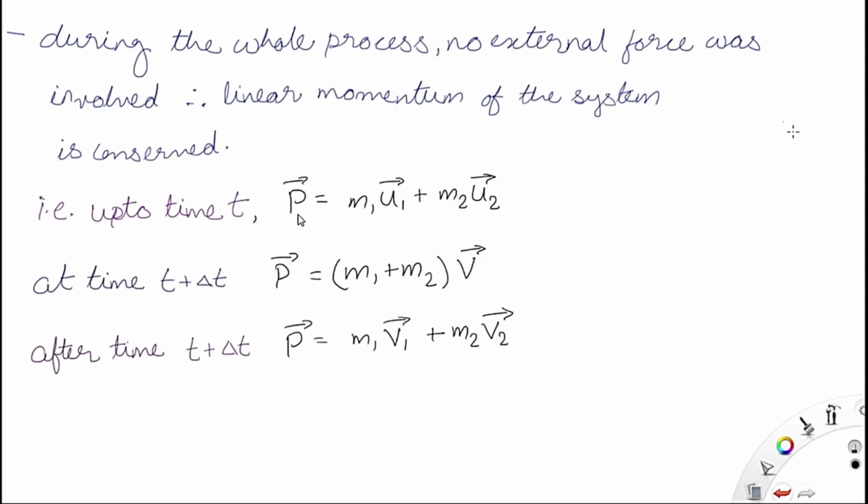At time t plus delta t, the linear momentum is m1 plus m2 into the equal velocity v. After t plus delta t, the linear momentum p is equal to m1 v1 plus m2 v2. All three expressions are equal to each other, because p is constant: no external force is acting on the system, hence the linear momentum of the system is conserved.